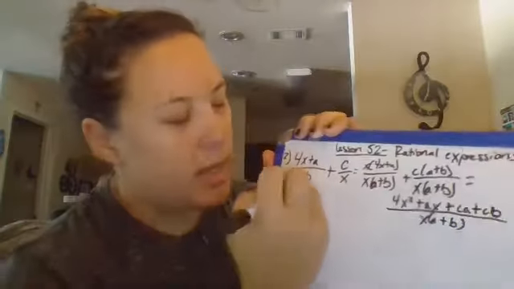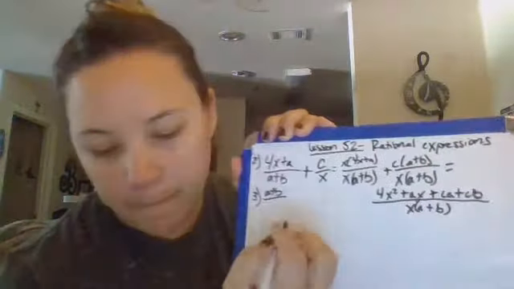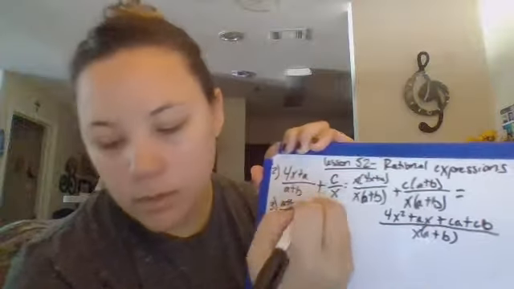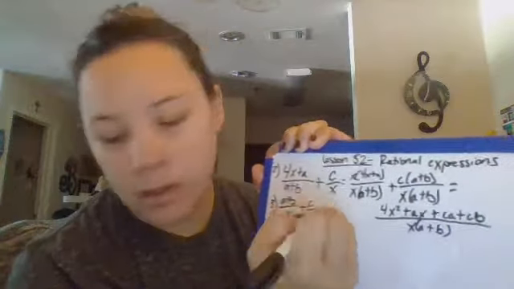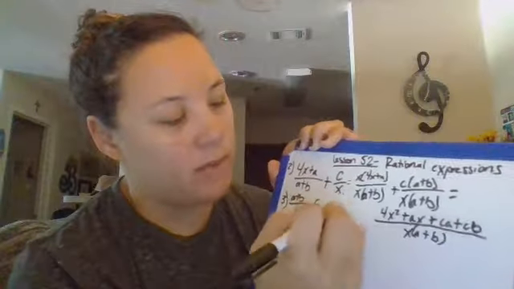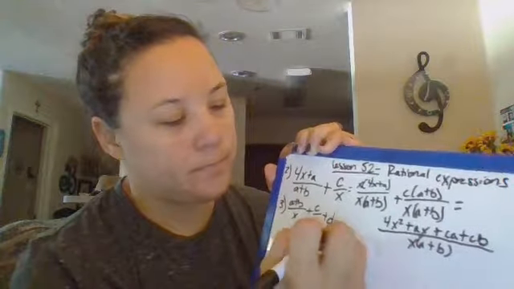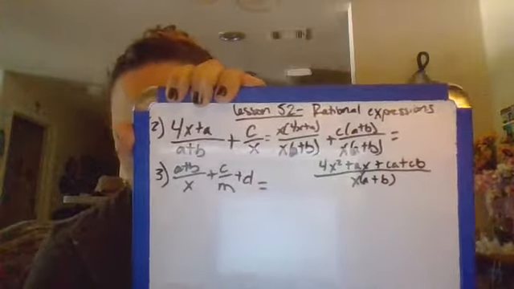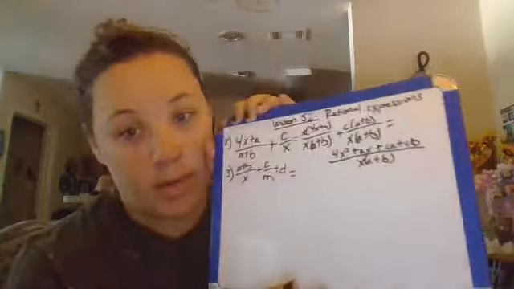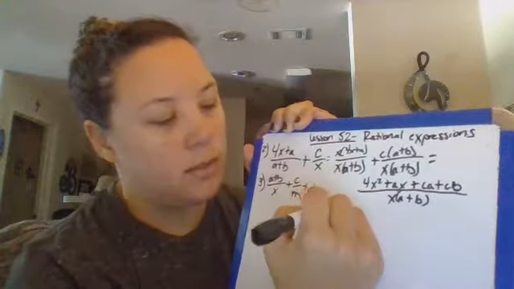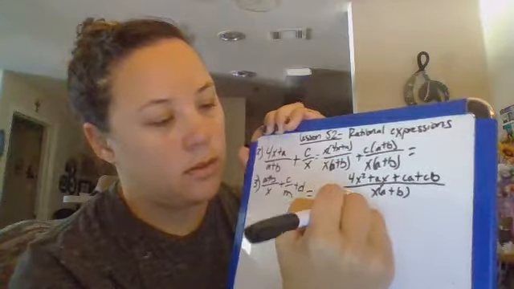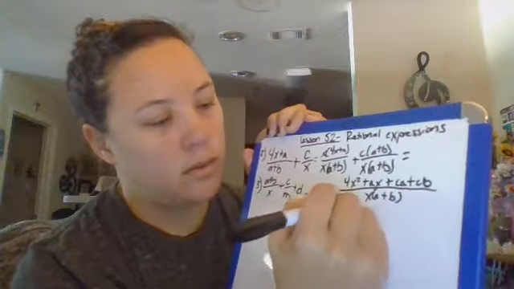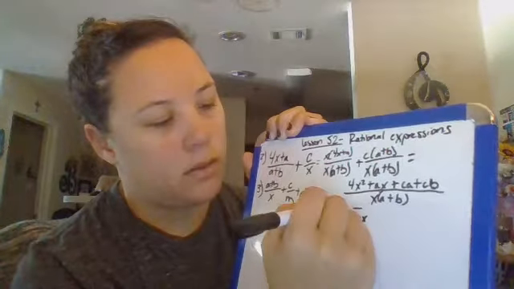All right. Next one is going to be a plus b over x plus c over m plus d. So we're going to have 3 terms this time. We find the common denominator, or the common multiple for the denominator, is just going to be mx. Remember, d is understood to be d over 1.